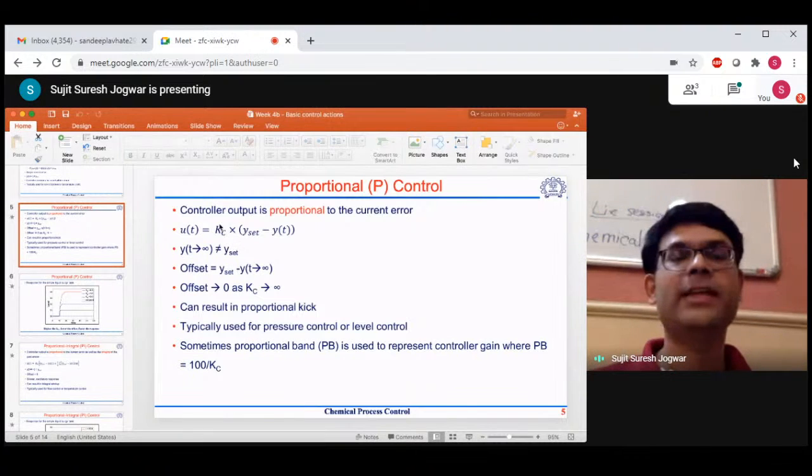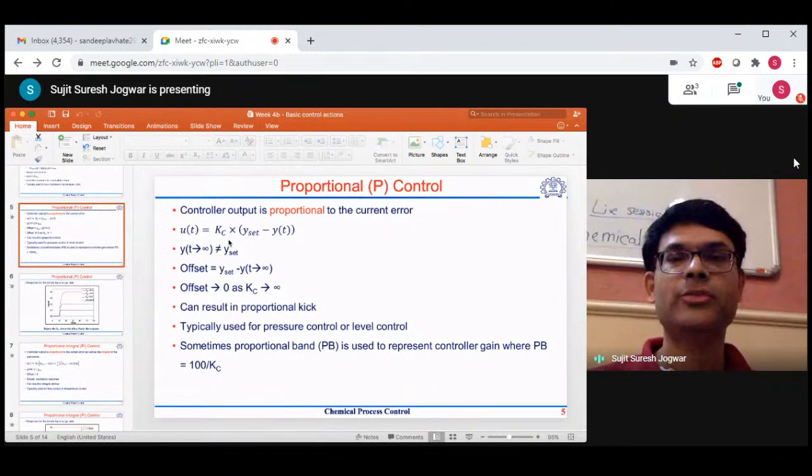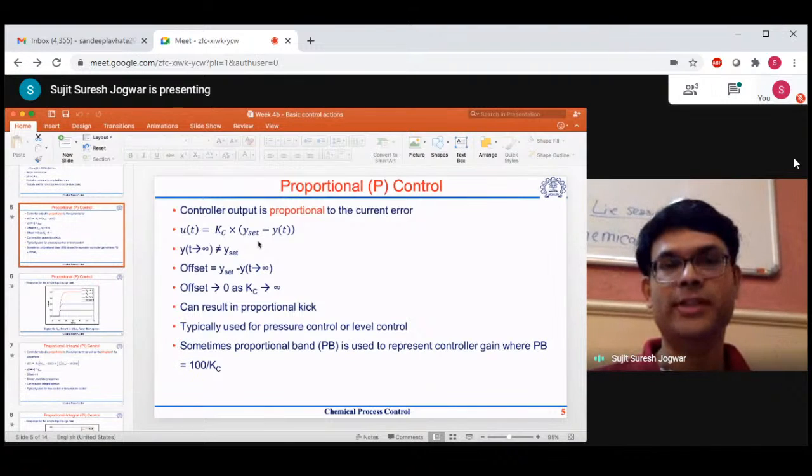The sign of KC depends on the process gain, the measurement gain, and the valve gain. The product of all of them has to be positive. You can take that as a rule of thumb. Typically, in any stability criteria you would see that the product KP, KC, KV has to be positive.